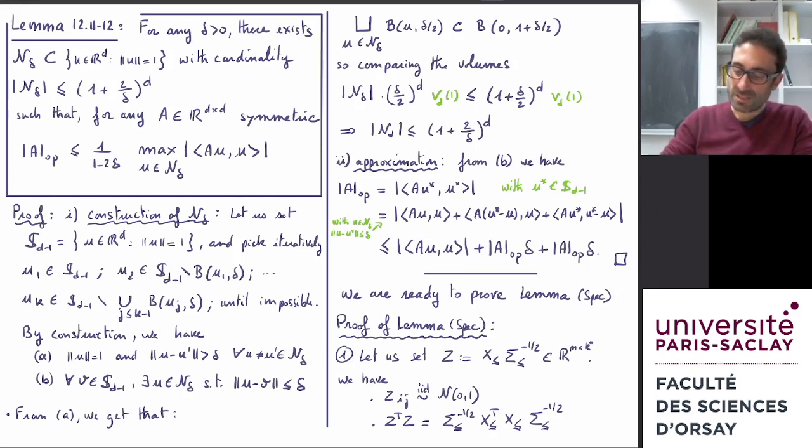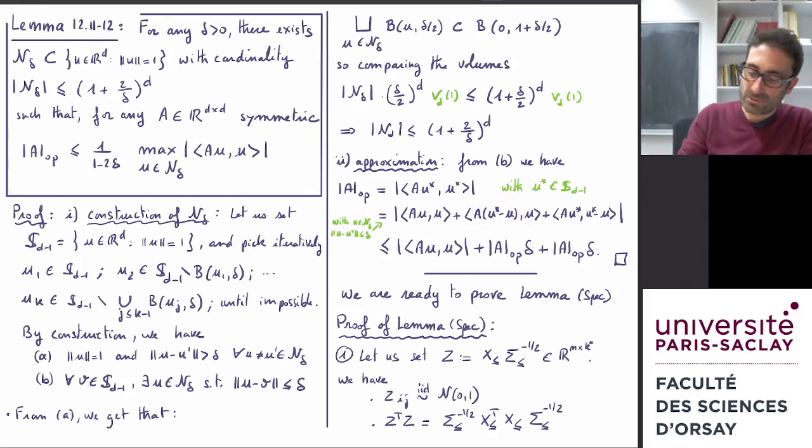First of all, I will use a triangular inequality, so I can upper bound by the sum of the absolute values. And now let me look at these terms. What is the size of this term? I remind you that u belongs to the sphere.